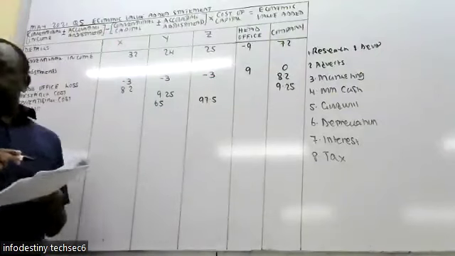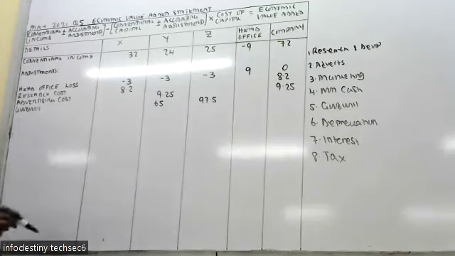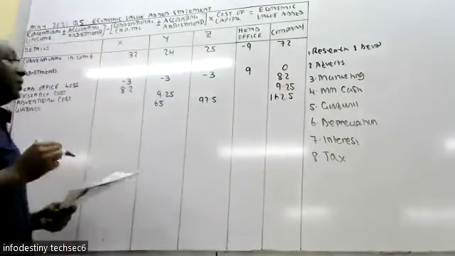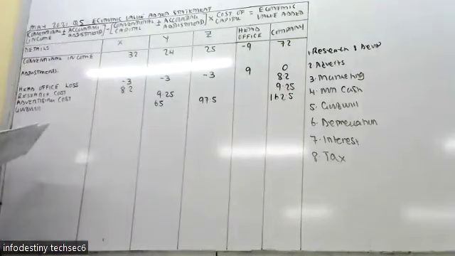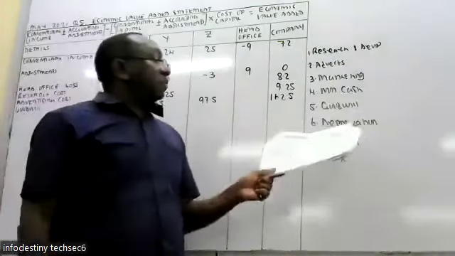So add the two of them. 162.5. Haya, tukienda kwa information 5, haina kitu. Tukienda kwa interest, kwa information 6, naona iko na interest, which interest is part of this.